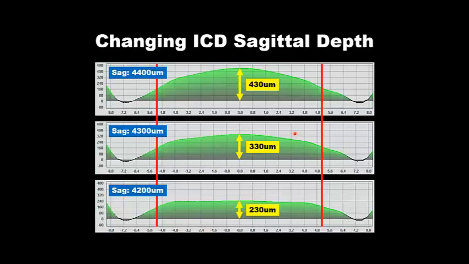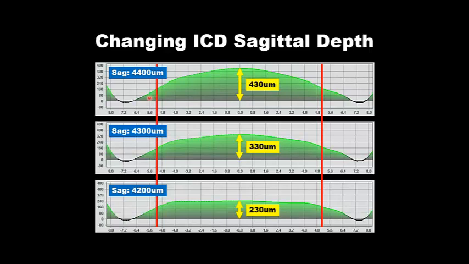Now, what happens when you put one different depth on versus another? Let's say we put on a 4,200 micron sagittal depth ICD, and that lens has X amount of clearance under the center. If you go up to the next higher lens, you're just adding more apical clearance. Go up to the next higher lens, you're adding more apical clearance.